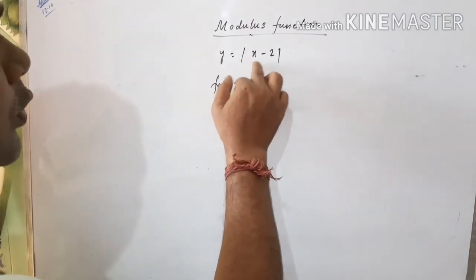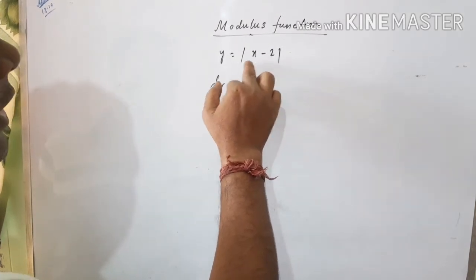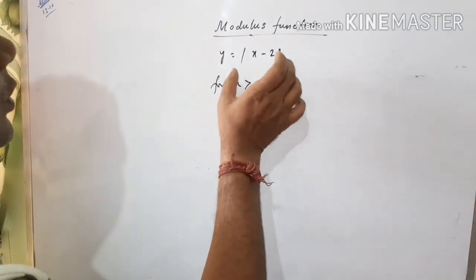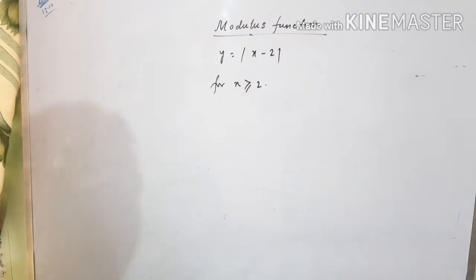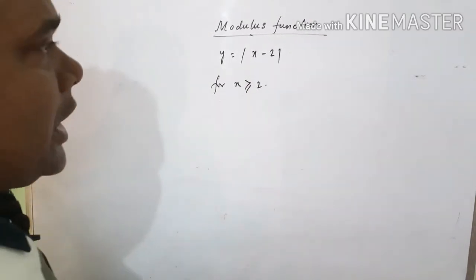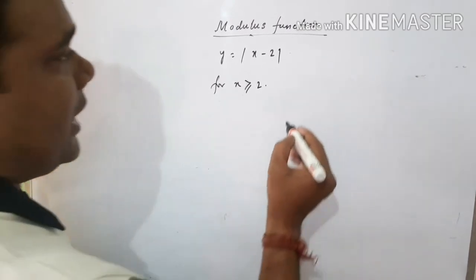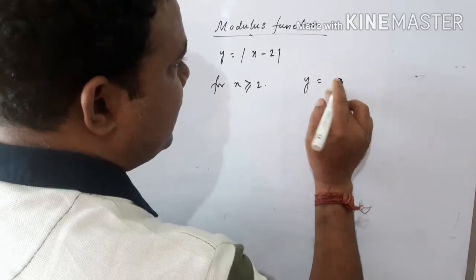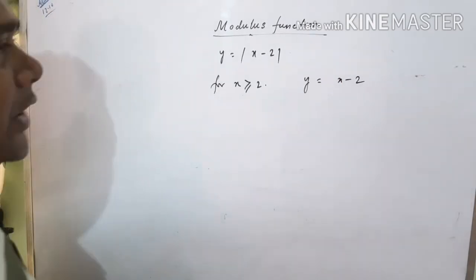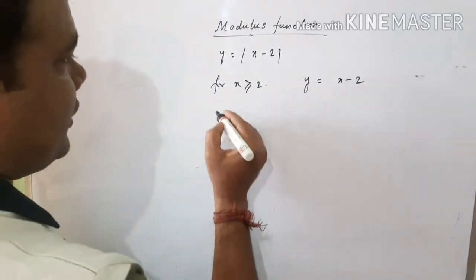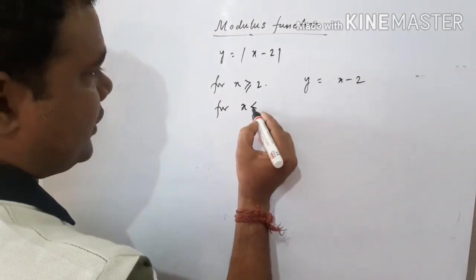When x is greater than 2 it's positive, and equal to 2 minus 2 it is 0. So we are getting a value inside the mod which is non-negative, and if there is a non-negative value inside the mod and we remove the mod, there is no change. So what can we write? When x is greater than or equal to 2, then y equals x minus 2. Now let's see what will happen when x is less than 2.